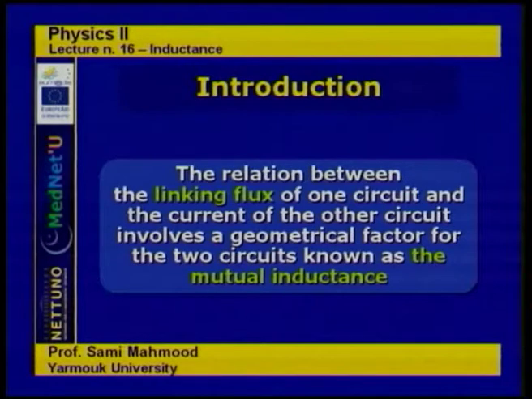And this geometrical factor is known as the mutual inductance. And in our discussion, we will be defining these, and we will be deriving these factors for some selected simple geometries.